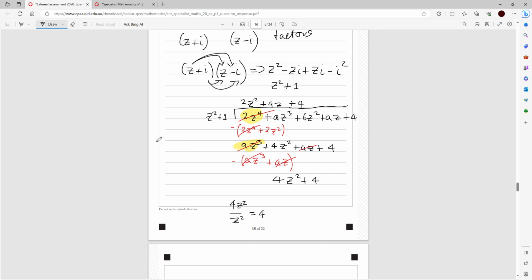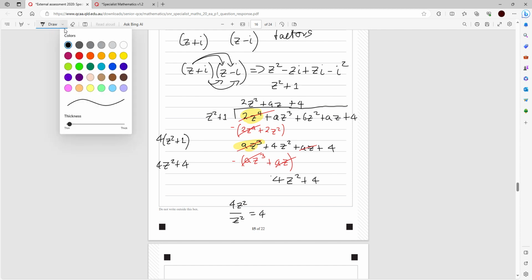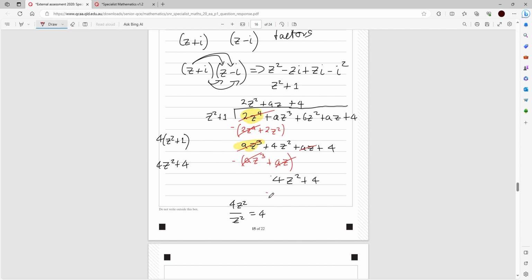So you go 4 multiplied by z squared plus 1. So we can get 4z squared plus 4. And then you rewrite that minus, so minus 4z squared plus 4. And you should get 0. Because this is a factor of p of x.